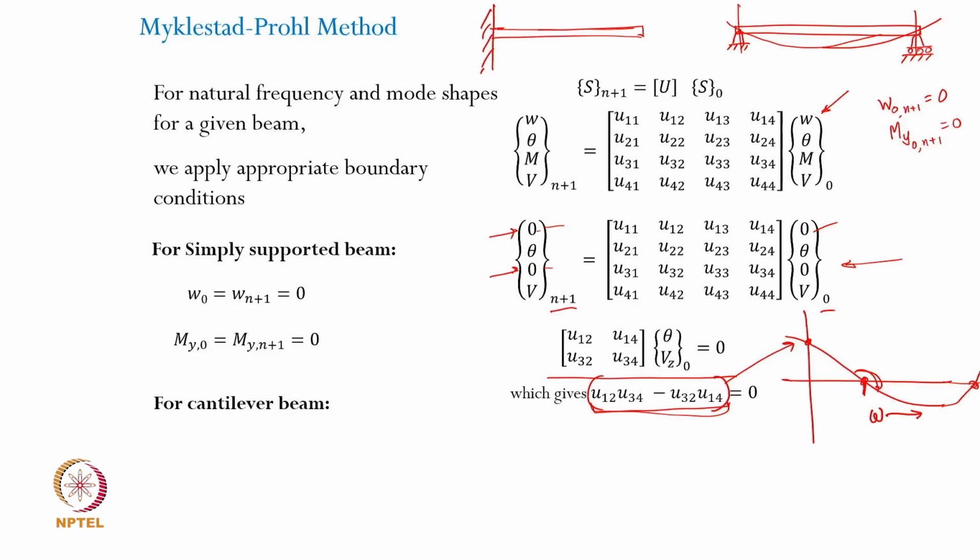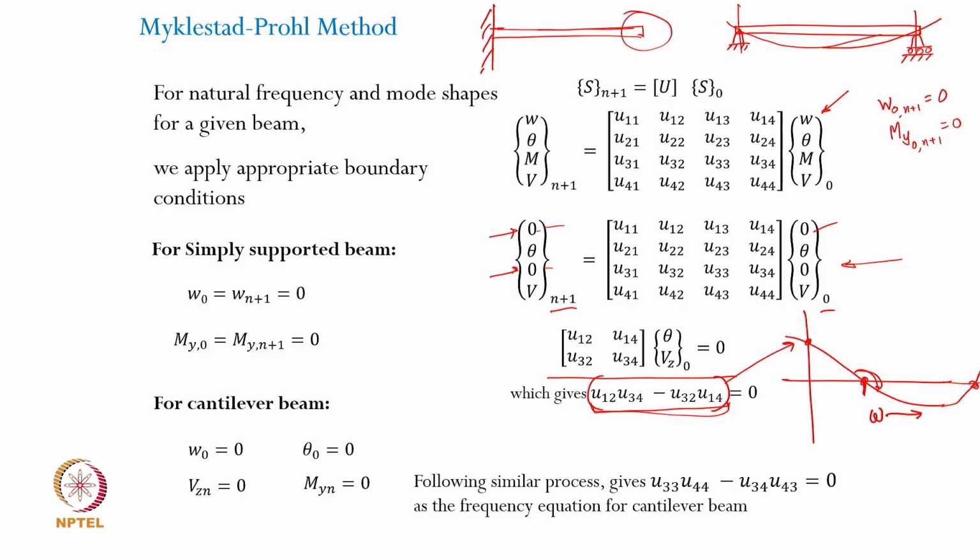Deflection 0 and slope 0, and on the extreme right, which is a free end, it is going to be shear force 0 and bending moment 0. So that is how at the nth location or n plus 1th location, these are the boundary conditions, and you can follow the same process as we discussed here. You will find that you get a new frequency equation, and the same approach then gets followed.